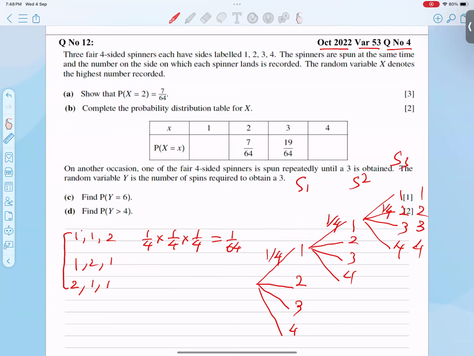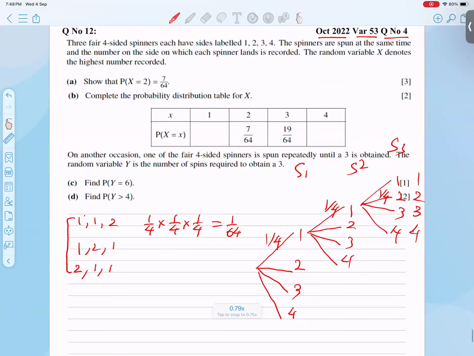What about the same situation? We can discuss it because I have to consider score 2. So what about 1, 2, 2? If the first spinner lands on 1, the second spinner lands on 2, and the third spinner lands on 2 again, the probability is the same, 1 by 4, 1 by 4, 1 by 4.